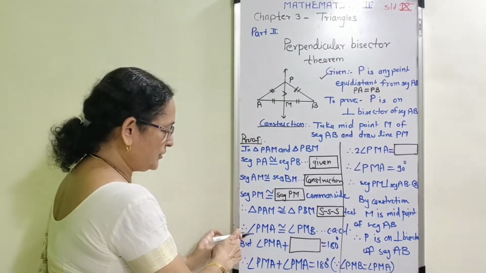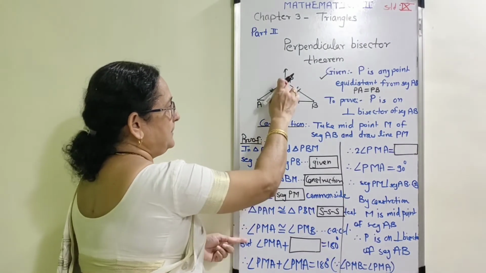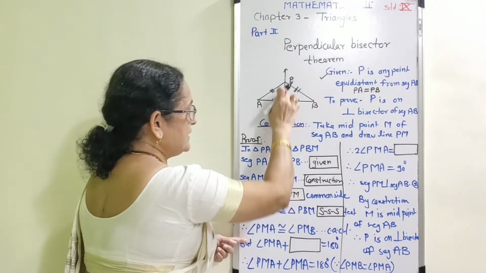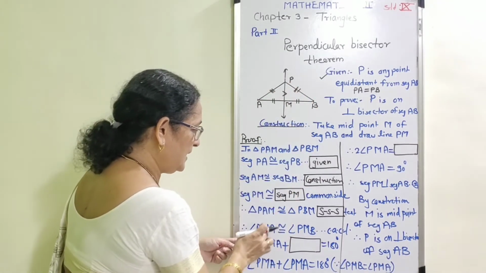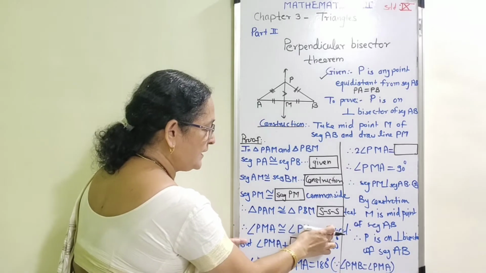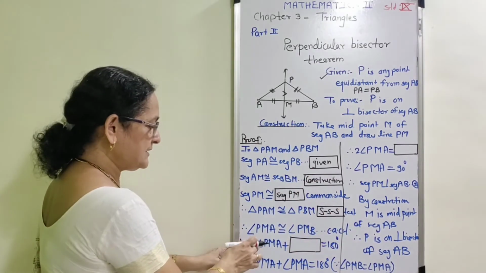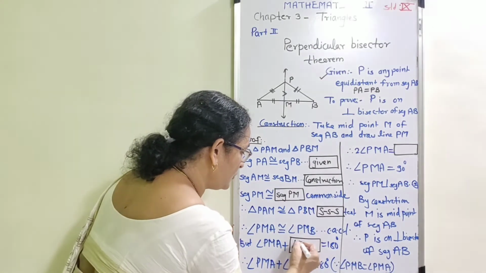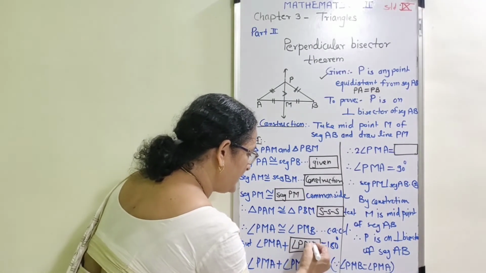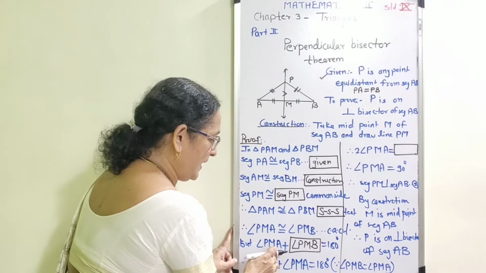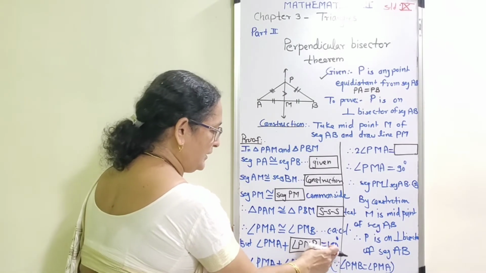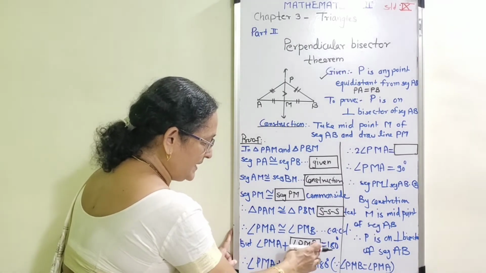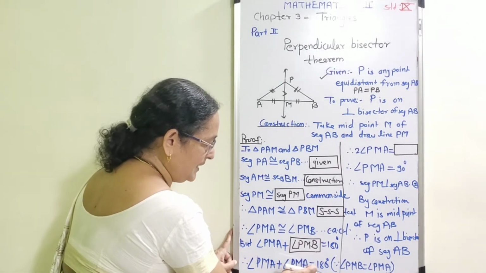Now the next important step: angle PMA is congruent to angle PMB, which are corresponding angles of congruent triangles. Also they are in a linear pair, therefore their sum is equal to 180 degrees. PMA plus PMB is 180, but both are congruent. That's why in place of PMB, again write PMA.